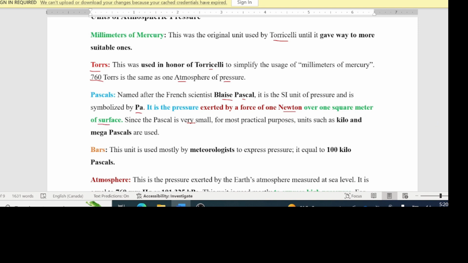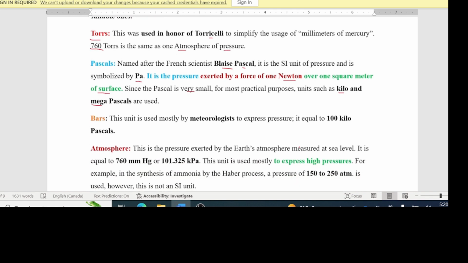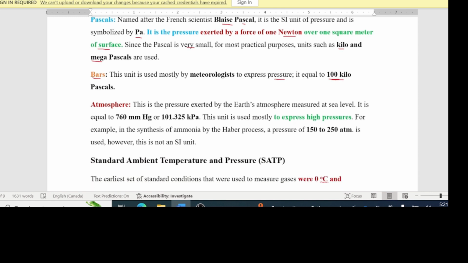Since it is very, very small, they speak about kilopascals and megapascals. Bars: this unit is used by meteorologists to express pressure. 1 bar is equal to 100 kilopascals. Next, the atmosphere. Of course, we've spoken about that already, and it is used to express high pressures.